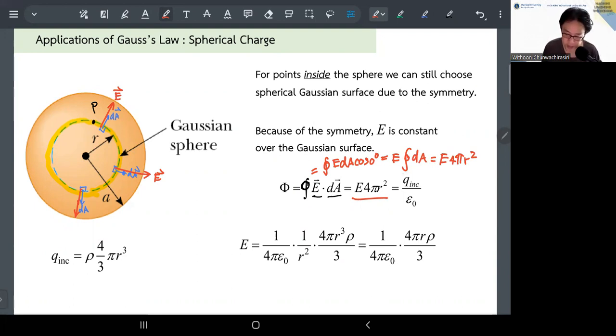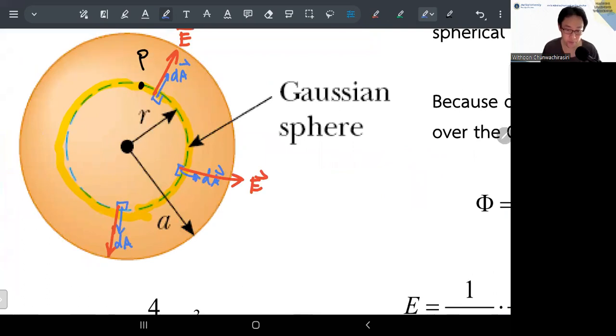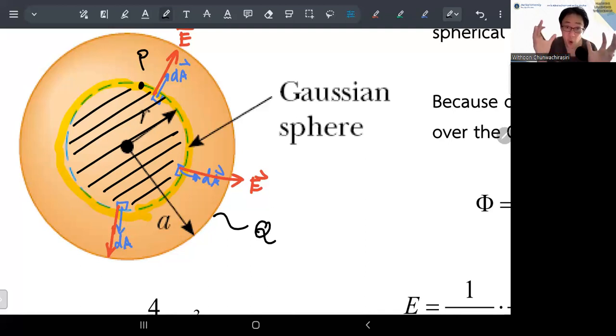And then you equate that to the charge inside your Gaussian surface divided by epsilon naught. This is where things now look different. Can you see how much charge you want to include here? You know the total charge on this ball is capital Q, but that's not what you put here anymore, because what you include now is smaller. This is the only amount of charge contained inside this closed Gaussian sphere. So you have to calculate this much charge, not the whole ball anymore.